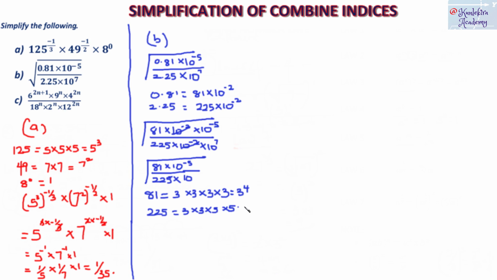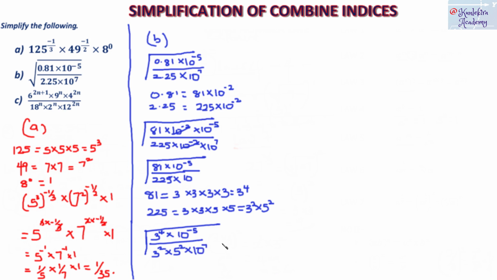And that will give us 3 raised to power 2 times 5 raised to power 2. Then you have it here to be 3 raised to power 4 times 10 raised to power minus 5 over 3 raised to power 2 times 5 raised to power 2 times 10 raised to power 7.